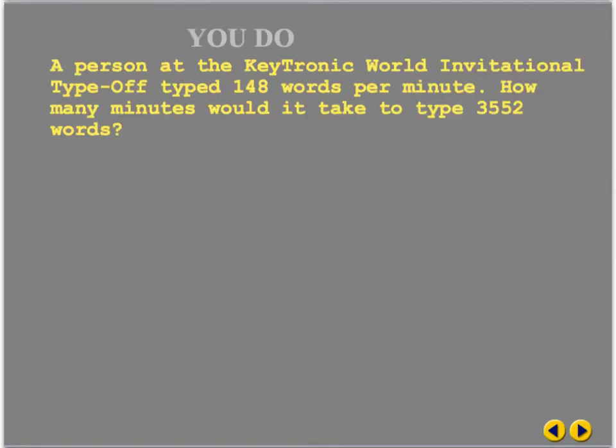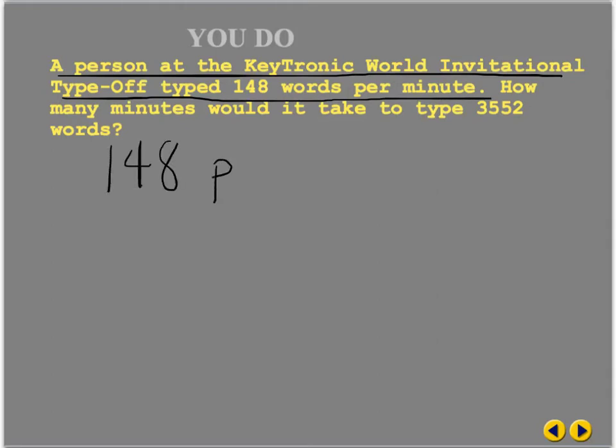Okay, please try this one on your own and then check back to see if you got it correct. All right, let's see how you did. A person at the Keytronic World Invitational Type-Off typed 148 words per minute, so 148 words per 1 minute. How many minutes would it take to type 3,552 words?